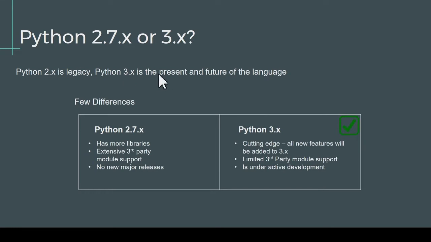There's a small trade-off over here. Before we look into the details and differences, some background. While Python was getting very popular, there were a couple of trade-offs in the original language's compilers and the construction of the entire module. Now, the founders of this language thought that before launching a huge version, that is Python 3.x, there are some core changes that they need to bring around in Python.